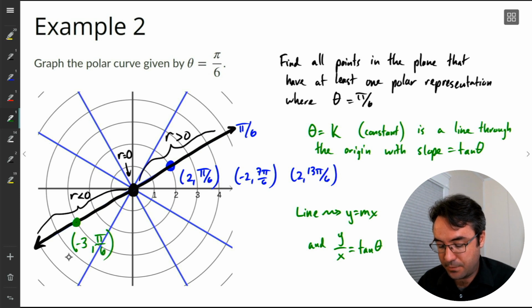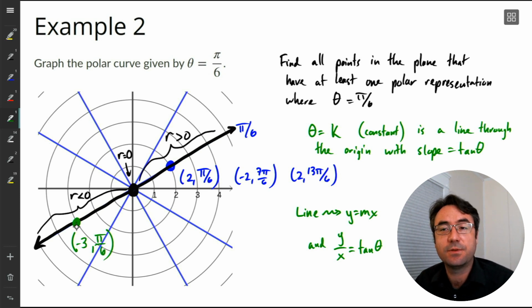And that would be a polar coordinate representation for this point. We know that there's many others, but this is one version that actually meets the requirement here for this curve, that we have a theta value of pi over 6. So when you have a theta value equal to a constant, you're really getting a line. Part of that line, you can write down the points with a positive r value. Some of the other points, you can use negative, and then right at the origin, you would use r equals 0.